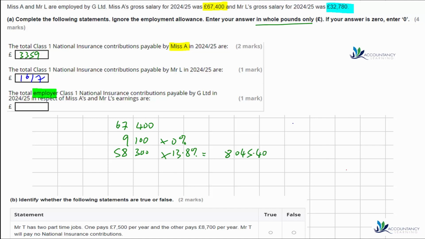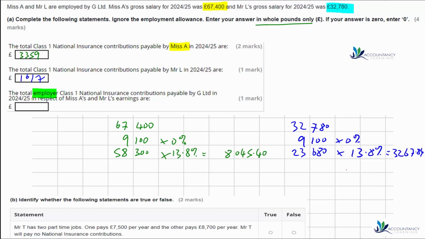And then for the second person, we've got 32,780. Again, we get 9,100, which incurs no national insurance, and then the difference between 32,780 and the 9,100 gives us 23,680, and we pay 13.8% national insurance on that, which is 3,266.84.